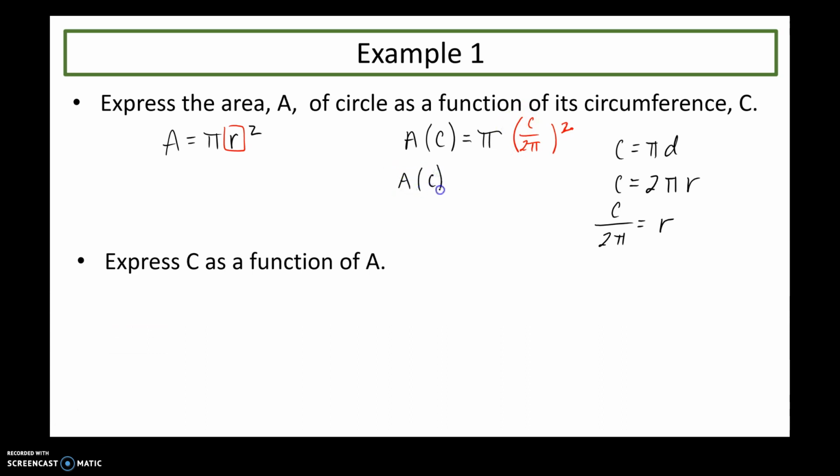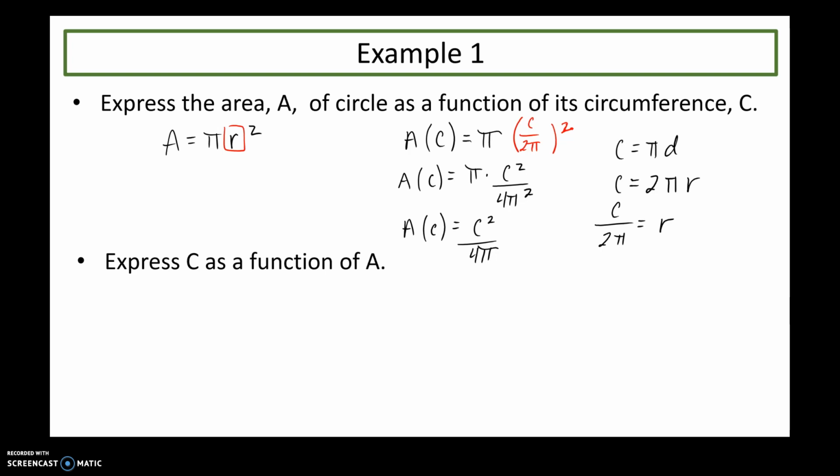Area in terms of the circumference is pi times square the numerator and square the denominator. All right, so I'm going to do that one simplification, dividing out the pi. So I would have circumference squared divided by 4 pi.